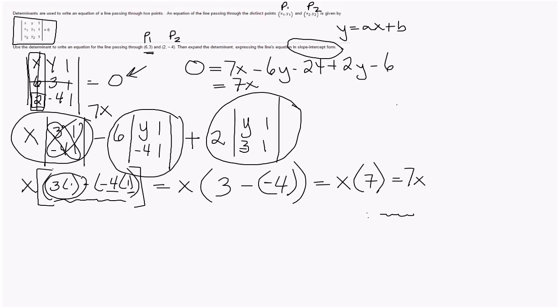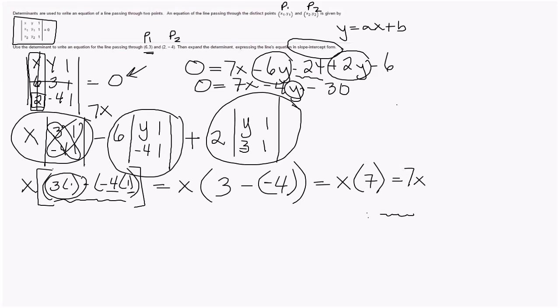So I have minus 6y plus 2y is going to give me minus 4y, and negative 24 minus 6 equals negative 30. So there's all of my like terms combined, and then I'm going to solve for y to get it into my slope-intercept form.